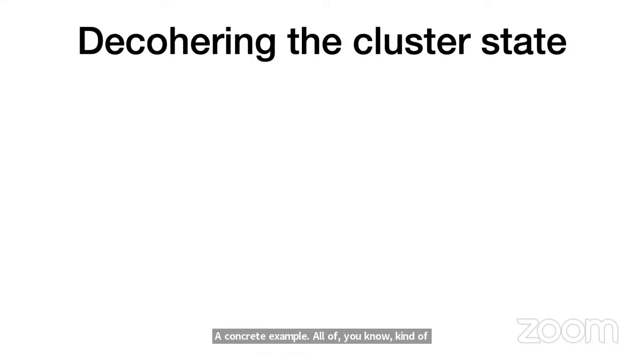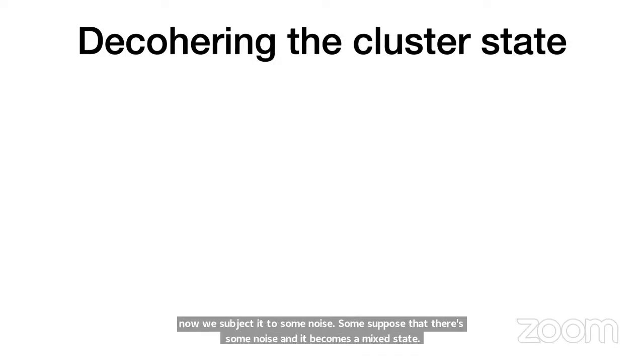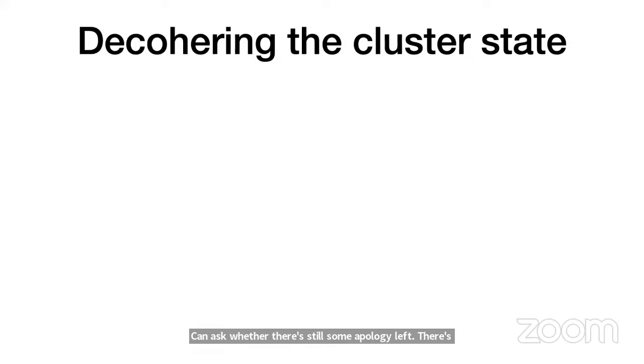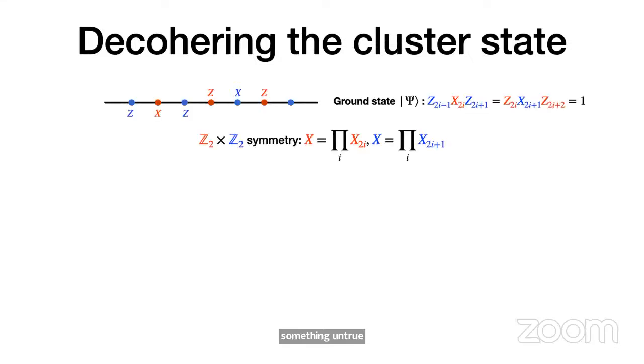The obvious thing to do is to start from an SPT in a pure state that we already know, like a cluster state, and now subject it to some noise. Suppose there's some noise and it becomes a mixed state. You can ask whether there's still some topology left, something non-trivial left in this mixed state. This is the same thing you've seen before, the cluster state on the spin chain.